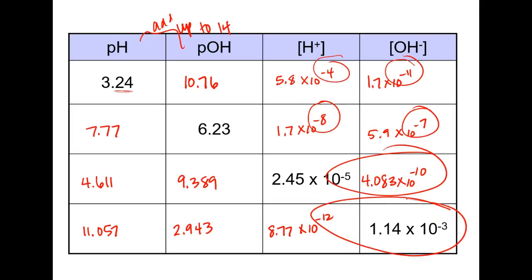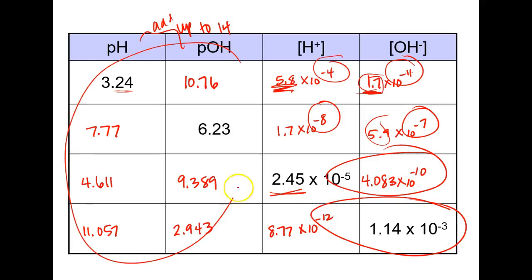When you have decimal type numbers as your concentration beginnings, like 5.8, 1.7, 2.45, not like 1 times 10 to the 5th or 1 times 10 to the 9th, but just these kind of random decimal numbers, you notice that the exponents do add up to negative 15 in each case. And so that's a way to check if your H plus and OH minus are where they're supposed to be. Just like pH and pOH add up to 14, these will add up to negative 15.